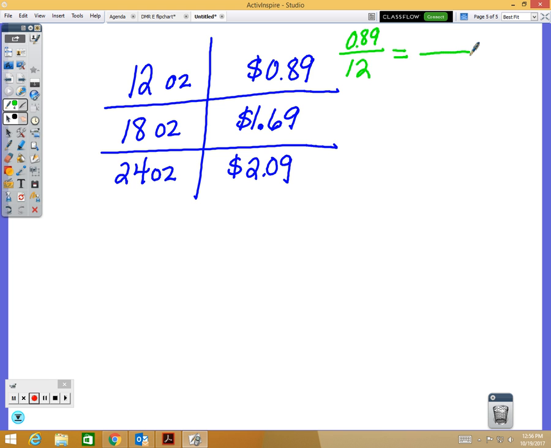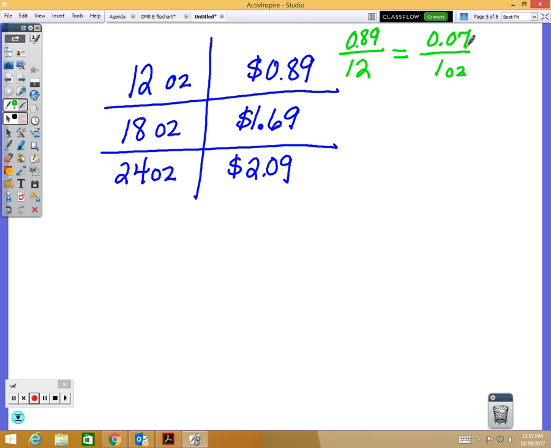And that's going to tell you how much money for 1 ounce. No, I don't think that's right. .07. 0.89 divided by 12, you should have gotten .07.